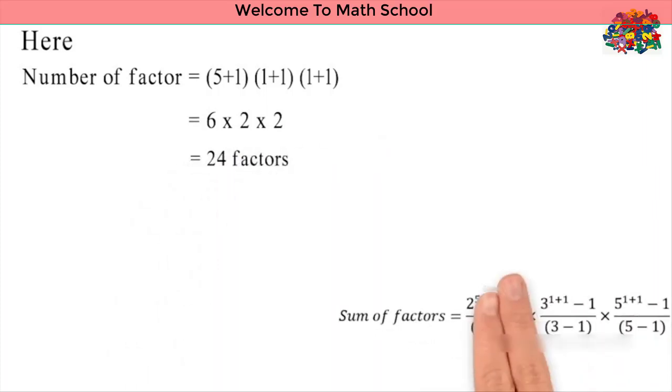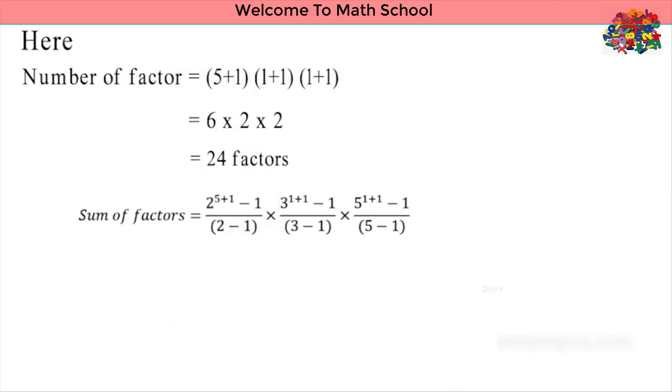Now when you are going to find the sum of the factors, it will be (2 to the power of 5 plus 1 minus 1) divided by (2 minus 1), multiplied with (3 to the power of 1 plus 1 minus 1) divided by (3 minus 1), multiplied with (5 to the power of 1 plus 1 minus 1) divided by (5 minus 1).